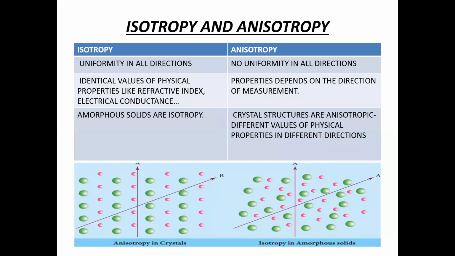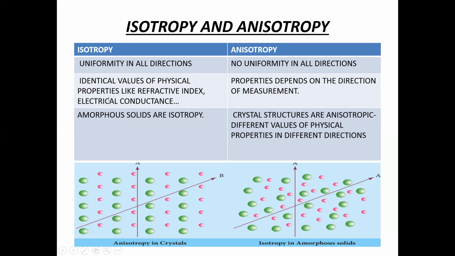Next is isotropy and anisotropy. Isotropy means uniformity in all directions, meaning the property is the same in all directions. Anisotropy means no uniformity in all directions, meaning the property is not the same in all directions.